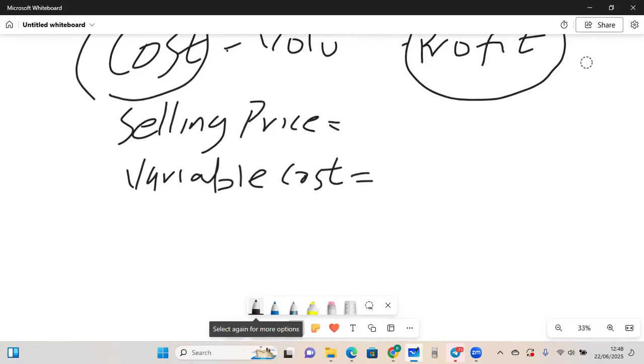When they are in total, they are variable, but when they are in units, they are fixed. They don't vary per unit, but in total they change, right? So we have to look at this and then look at what we call contribution.